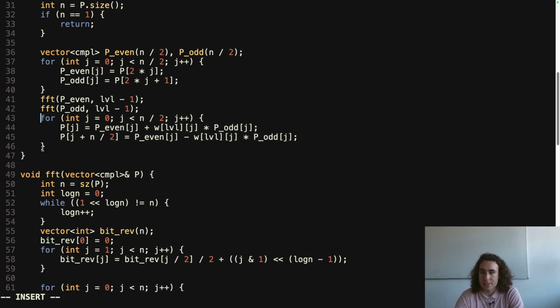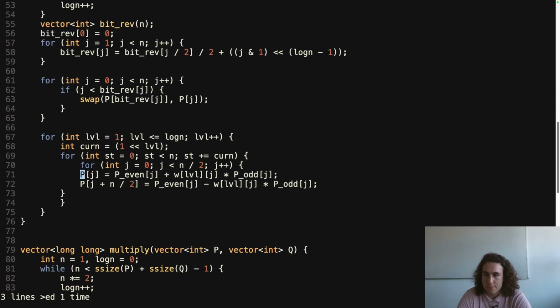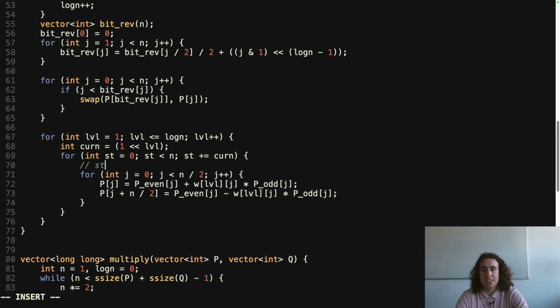Let's actually copy this here and understand how we need to adjust it, right? Again, we go through the first half of this chunk. We have a chunk that starts from position start to position start plus n minus 1, right? And we need to do something about it.